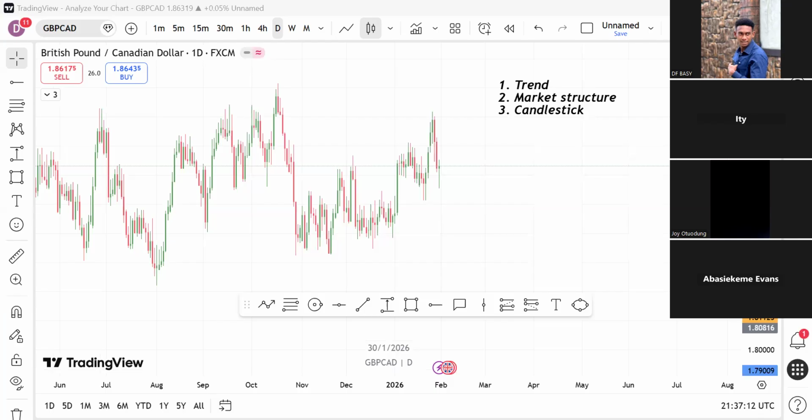So an uptrend is when price makes higher highs and higher lows, right?